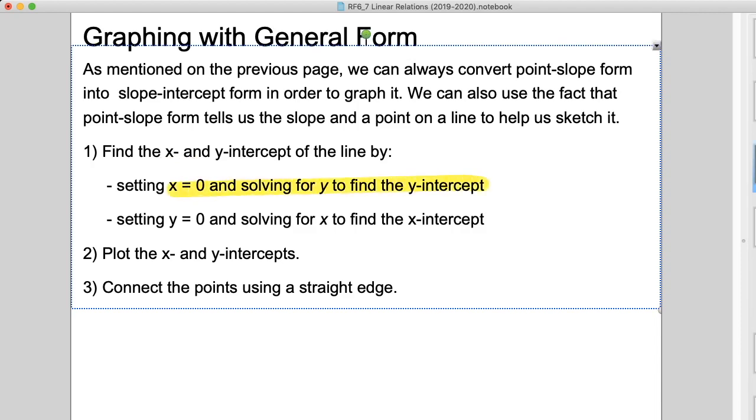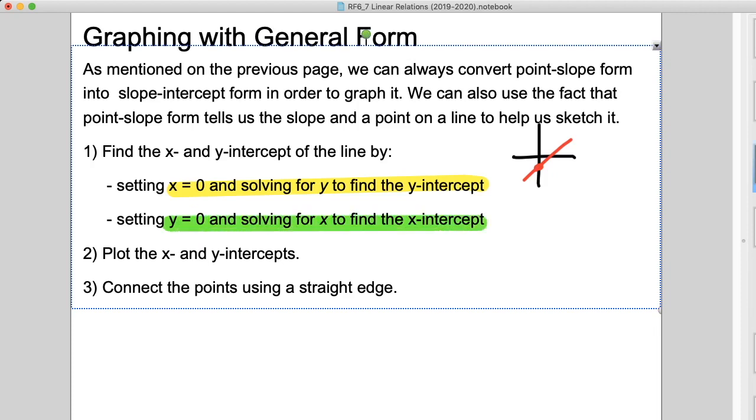So if we're looking at a graph here, we're trying to figure out where my y-intercept is. In this case, your y-intercept would be this point right there. And if we set y equal to 0 and solve for x, we're going to find your x-intercept.